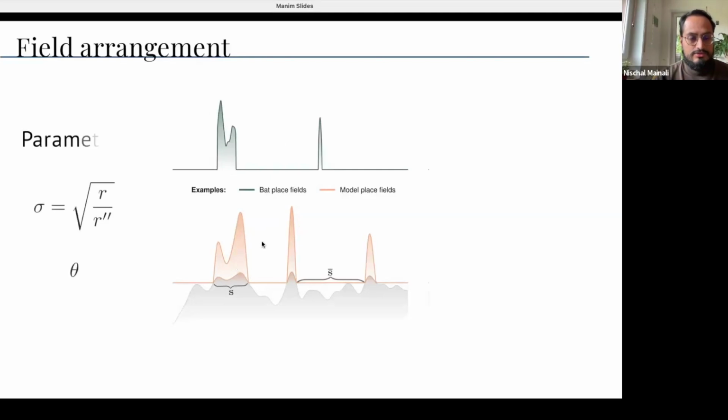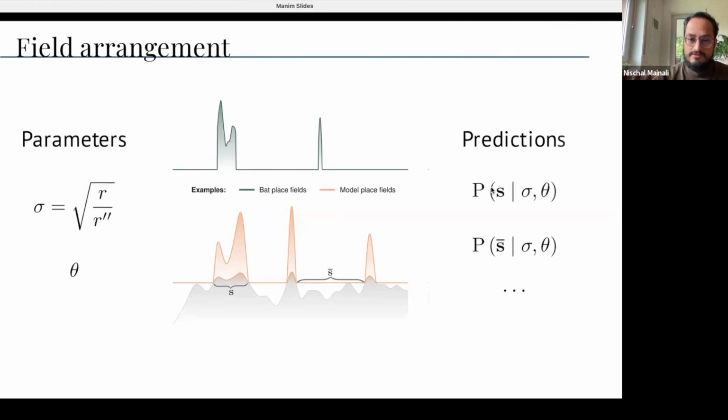And the procedure to quantitatively study it is, first, we start with the parameters. There are two parameters of the model, correlation length and threshold. And we will fit these to each experimental data set, that is, measurements in a given environment size. And once we fit that, we get a distribution over various features of the model.